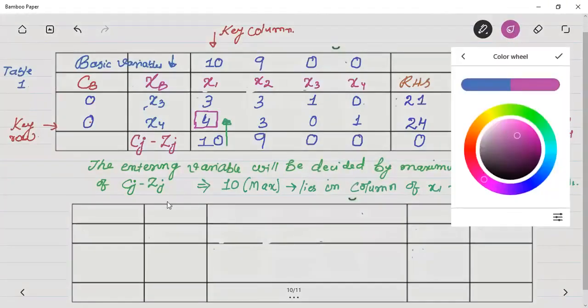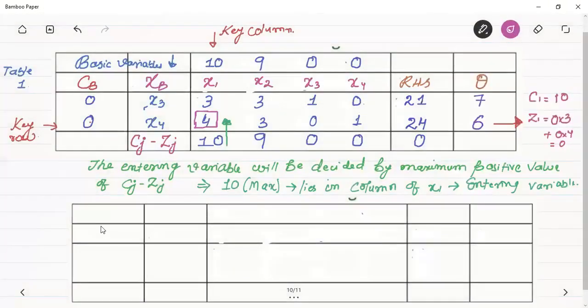What is in the second table? This again will be the cost of basic variable, and these will be the basic variables. These will be the variables which we have, x1, x2, x3 and x4. This will be RHS, and this will be theta, and here we will have Cj minus Zj.